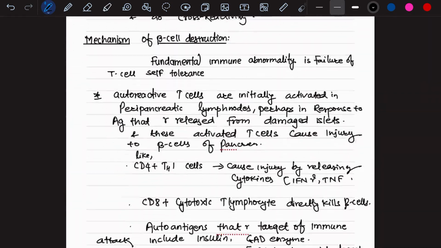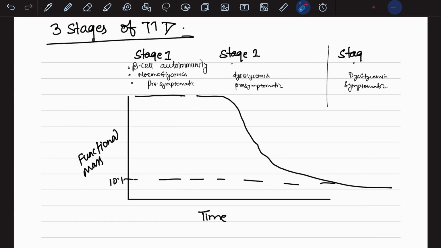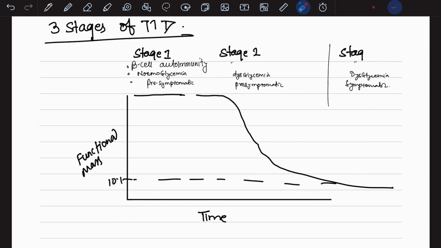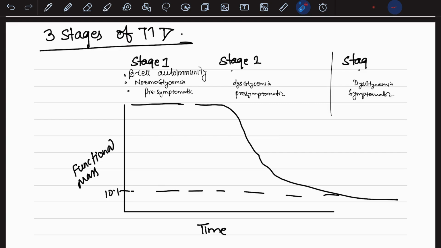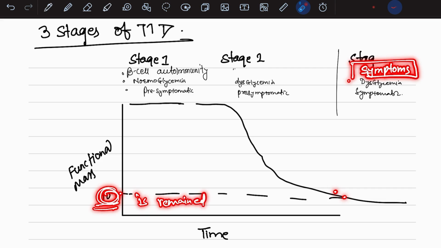Suppose this is the time and this is the functional mass. When a patient presents with symptoms, there will be very little insulin, meaning only about 10% of the functional mass remains. In that case symptoms will be seen, that is stage 3.